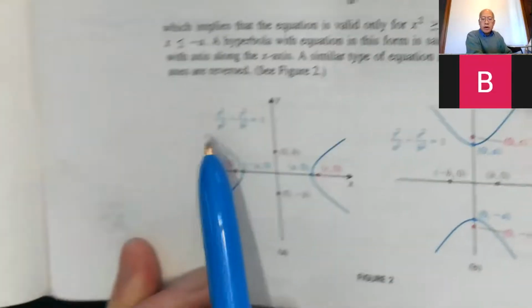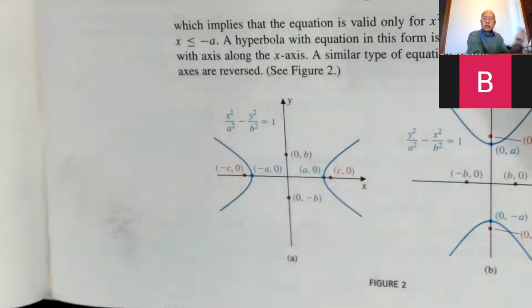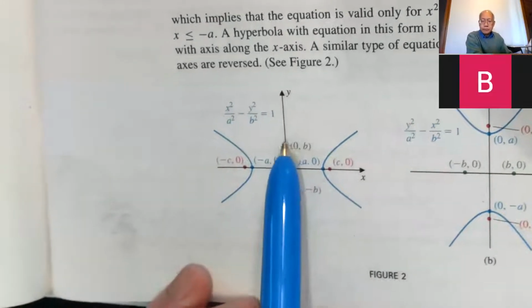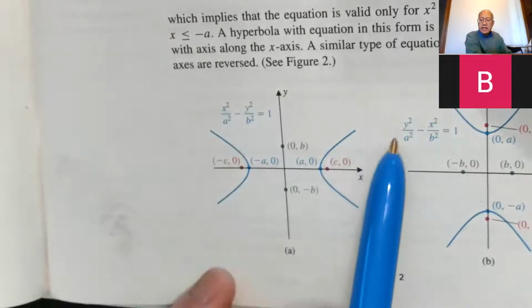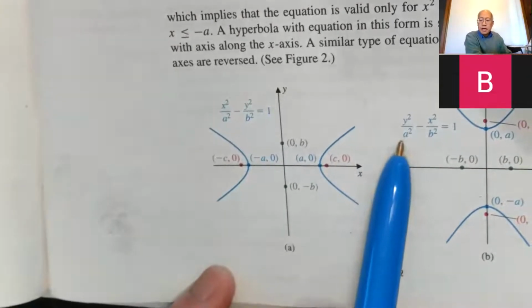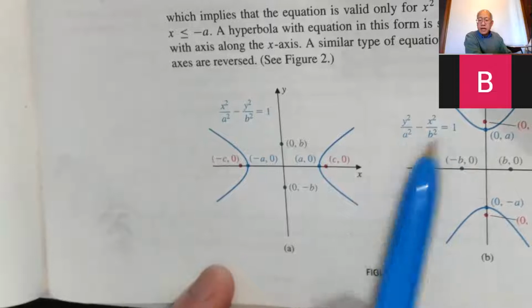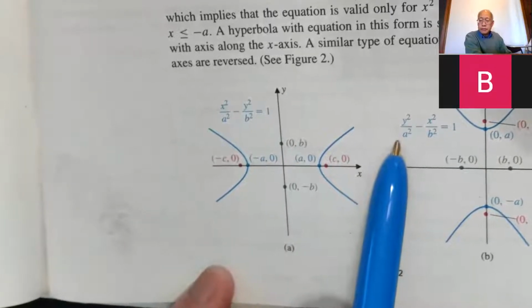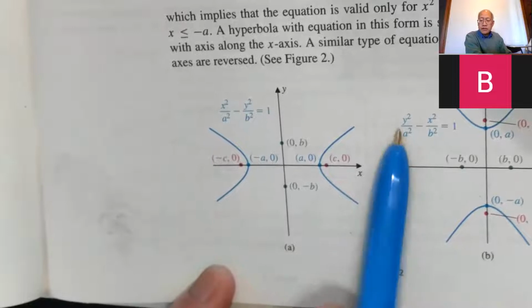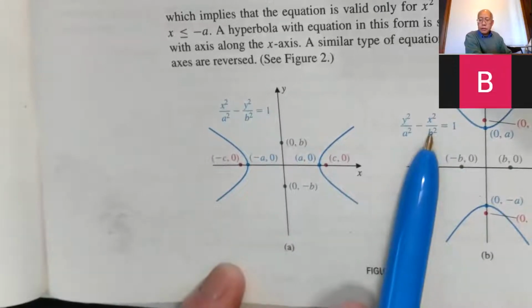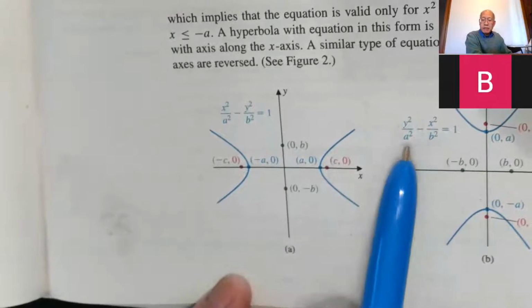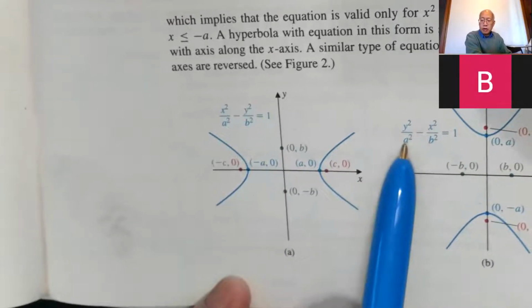Now the number underneath the x still tells you how much you go left and right. The number underneath the y still tells you how much you go up and down. That being the case, for the hyperbola, a and b do not determine the larger or the smaller number. a is going with the positive, b is going with the negative. So a might be bigger than b, b might be bigger than a, or they might even be equal.